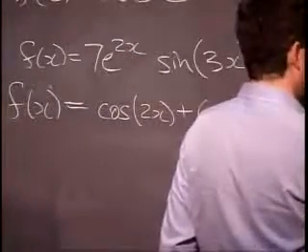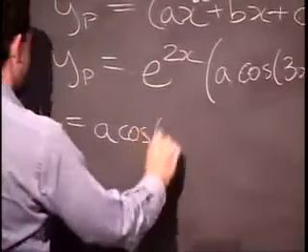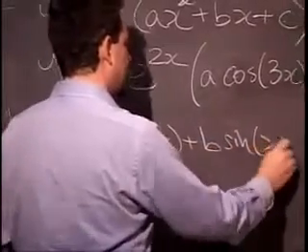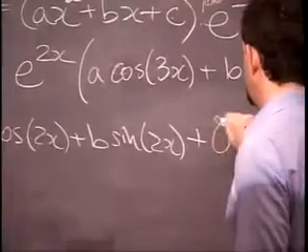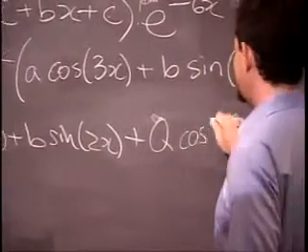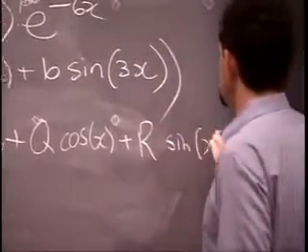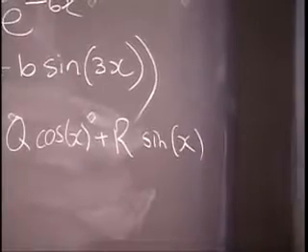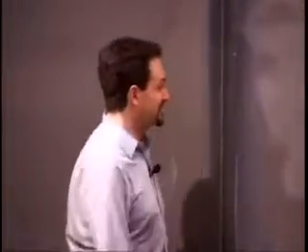So it will be yp equals a cosine 2x plus b sine 2x plus, let's say, q cosine x plus r sine x. I could have used capital A and B there, or capital A, B, C, D all the way along. I think that's what I did in the book, actually. No, I used C, D, E, and F, but capital E, so it's okay.